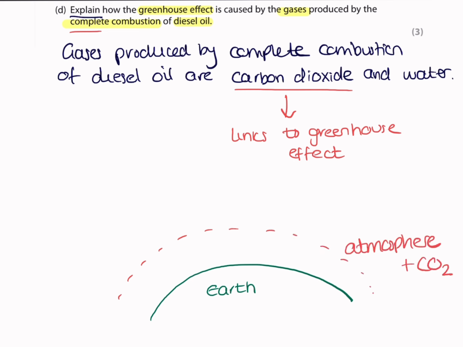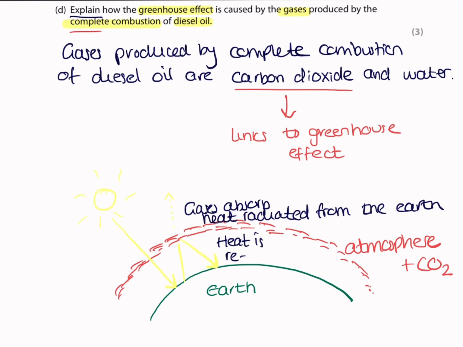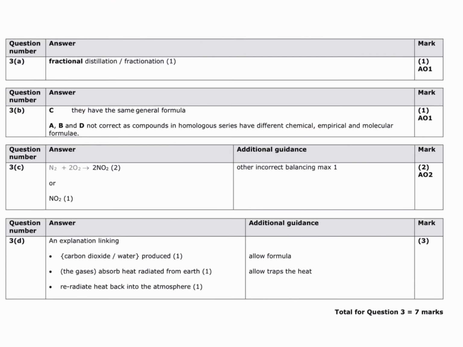As we get more and more carbon dioxide, this atmosphere becomes thicker. And what that means is when the sun is shining through, the heat is radiating to the Earth, and these gases in the greenhouse absorb the heat that's radiated from the Earth, and heat is re-radiated back down, so it sort of traps in the heat.